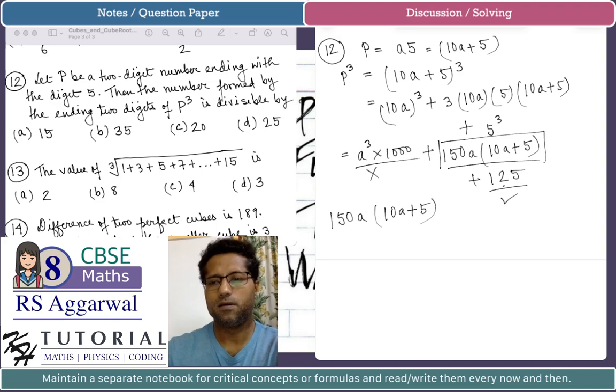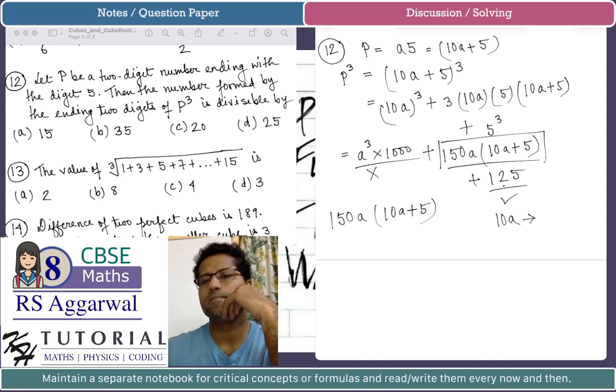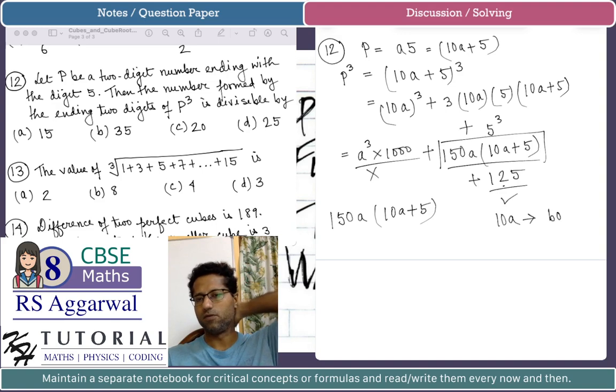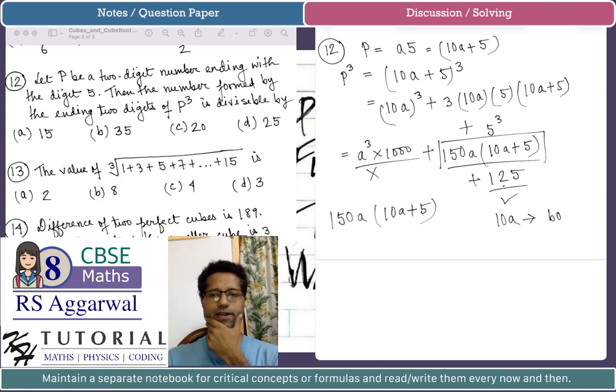So 10a will be something like, let's say, B0. a is a single digit, multiplied by 10 will obviously be a number which will end with a 0, and it will also be a two digit number, because a is a digit from 1 to 9, so it can only be 10 or 20 or 30 or 40 or 50, 60, 70, 80, 90.